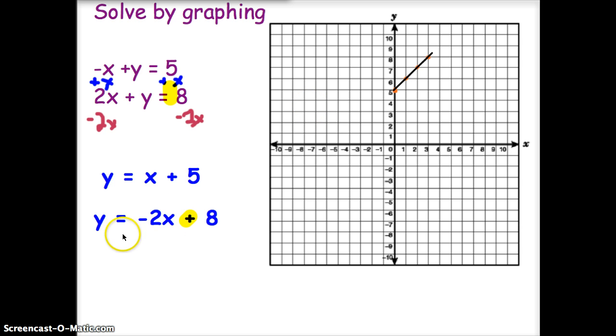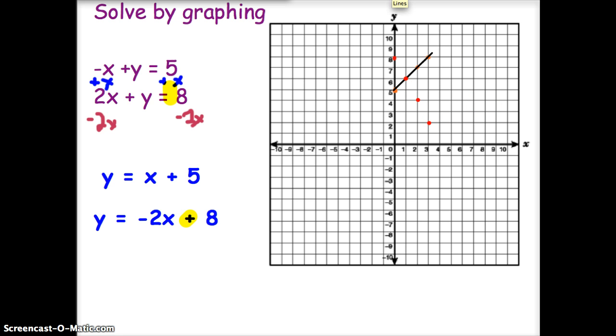My second equation, y equals -2x plus 8. So I'm going to start at the ordered pair 0, 8. Go down 2 over 1, down 2 over 1.